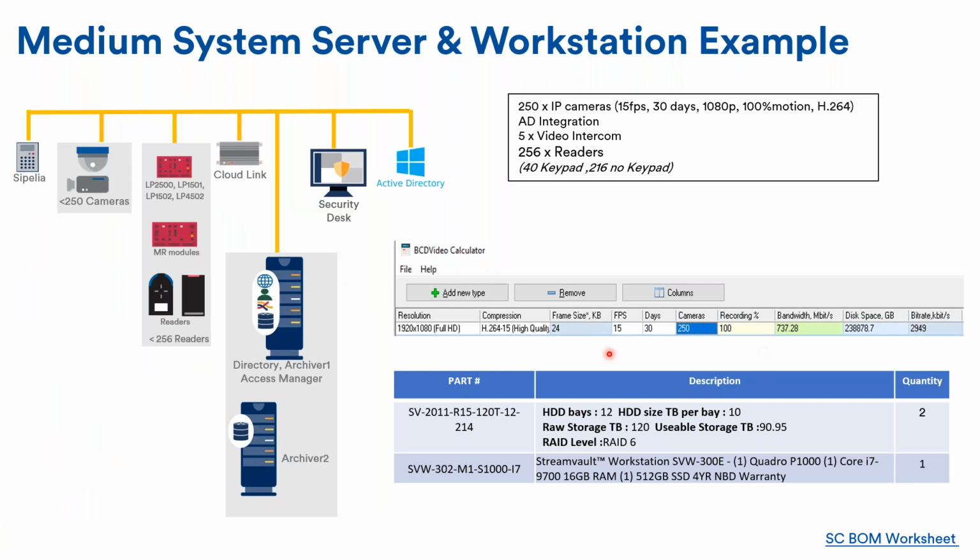You would have one server acting as a directory and archiver, and another server acting as an archiver only. This would all be managed from your main server. Archiver number 2 provides the extra storage and throughput capabilities to be able to record video data from all cameras put together.